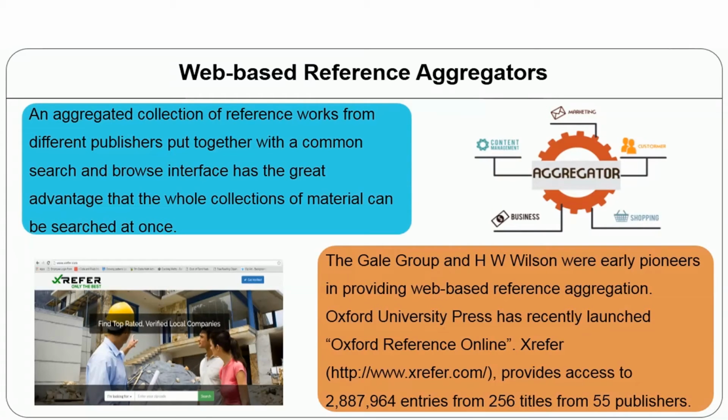The site address is www.xrefer.com, which provides access to about 28,87,964 entries from 256 titles from 55 publishers. It means 55 various publishers are aggregated into one XRefer service by Oxford University Press.